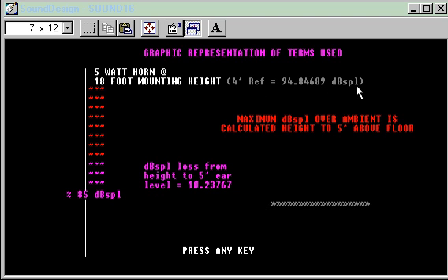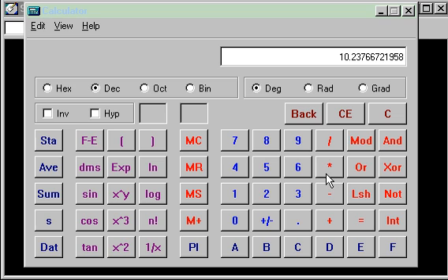Now remember in our example that the horn was turned up to 94.84689 dBSPL at 4 feet. I'm going to round that off a little bit and enter that into our calculator here. We'll just say it's 94.84 dBSPL at 4 feet. And we're going to subtract from that our loss along the 13-foot distance.